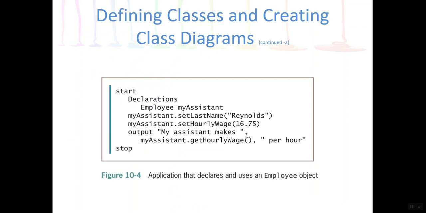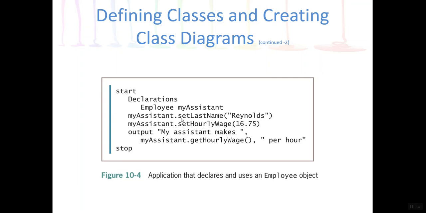So once you create a class, it becomes a user-defined type from which you can create objects of that type. So I'm creating a variable with identifier my assistant, but of type employee. Once I do that, it immediately gives me access to that set of variables as well as the defined methods that you saw on the previous screen.